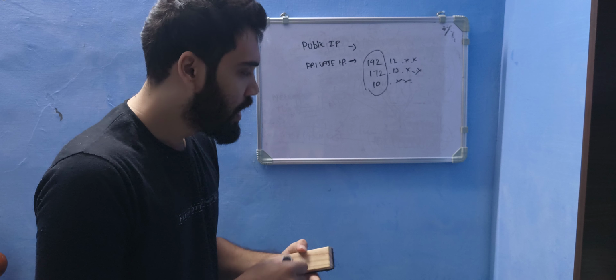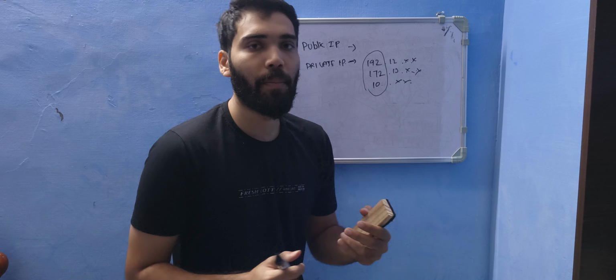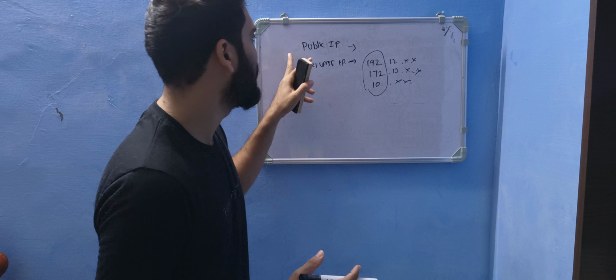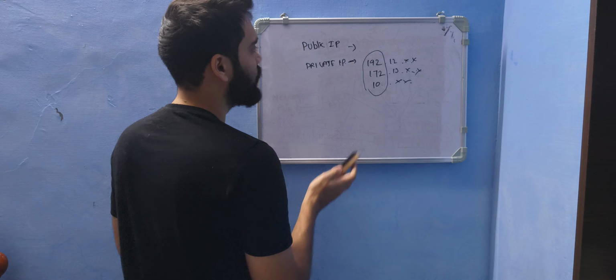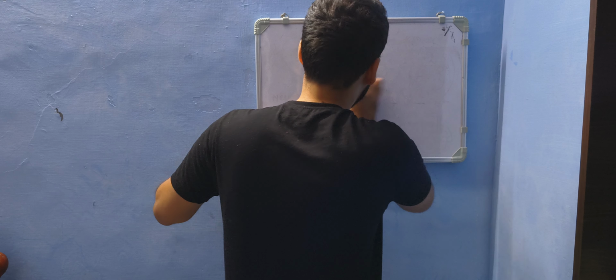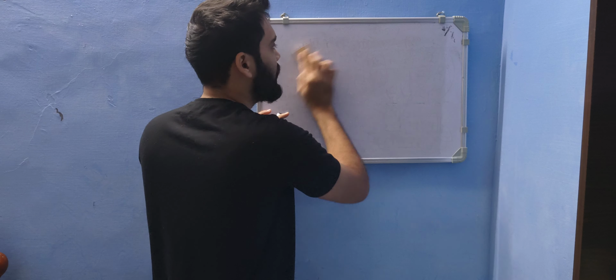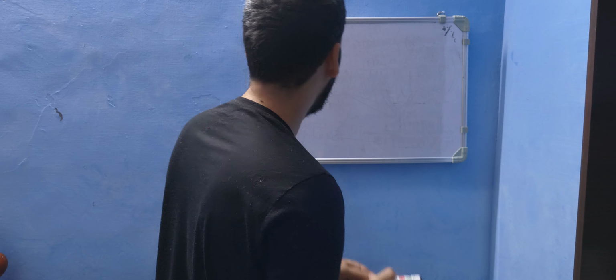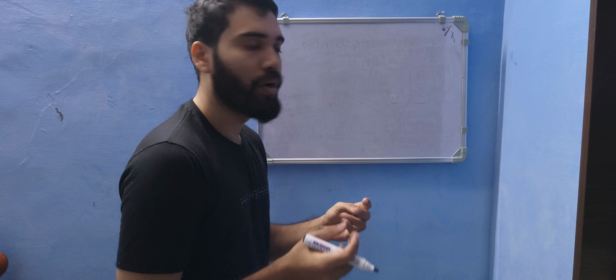Now I will show you how we deploy our code into production with a public IP. It's a simple one, I'll explain it clearly. I have my code on my own laptop.